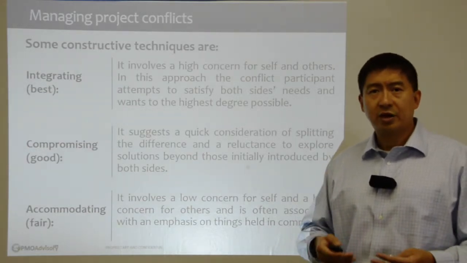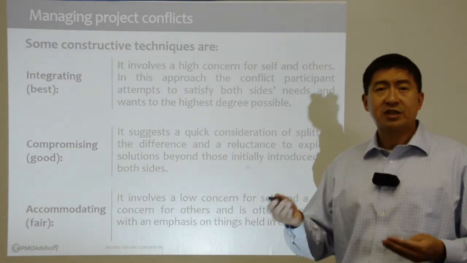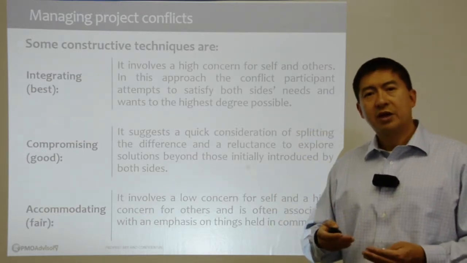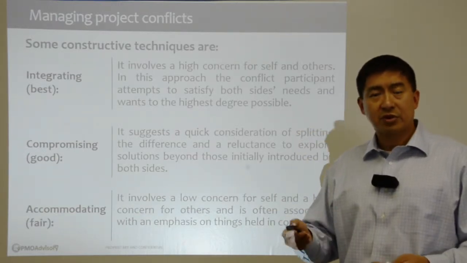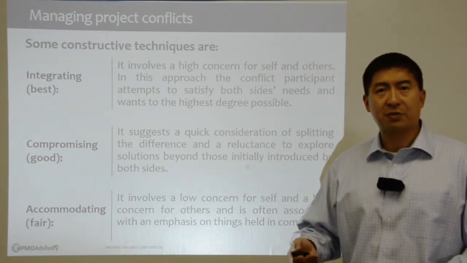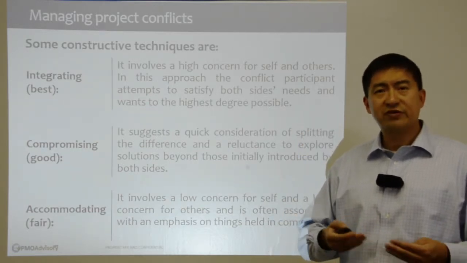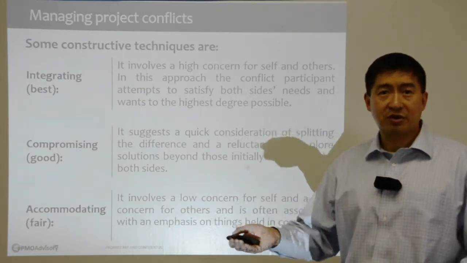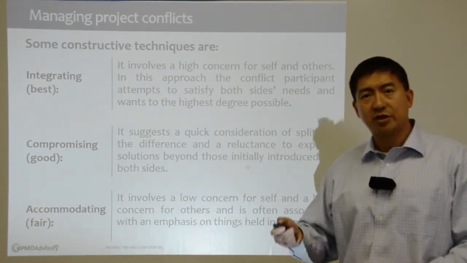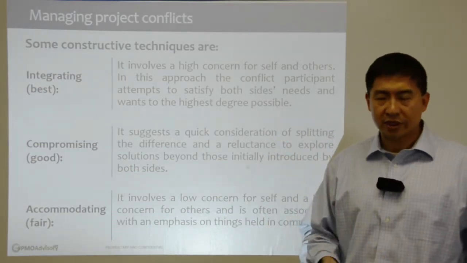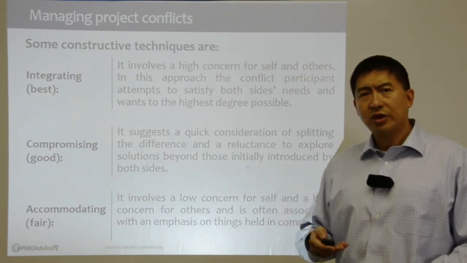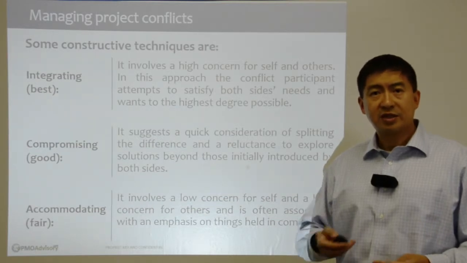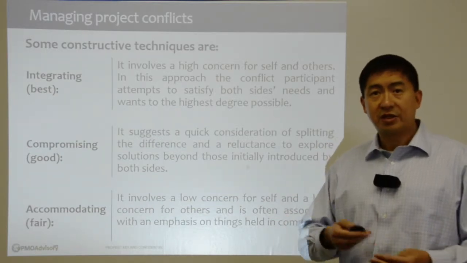So for example, in a project in which there are multiple parties, the vice president of finance, even though he or she wants to save money, understands that the importance of this project to the future of the organization is paramount, and hence the position of saving money is relatively weaker, and hence is willing to accommodate, let's say, the vice president of product development to spend more time or energy or money to do a better quality product. These 3 are what we consider to be constructive because it is an attempt to find common ground and attempt to find the solution that's better than the individual pieces.